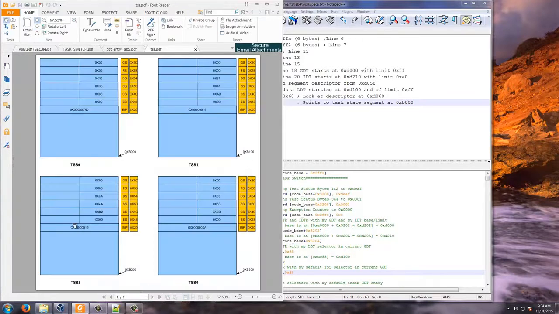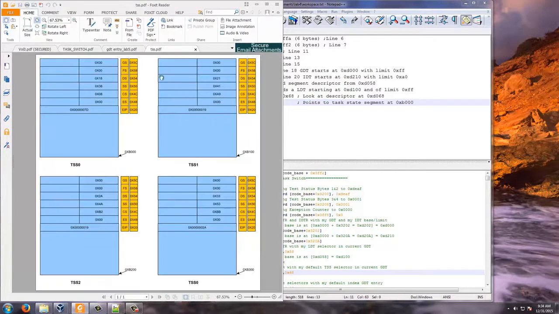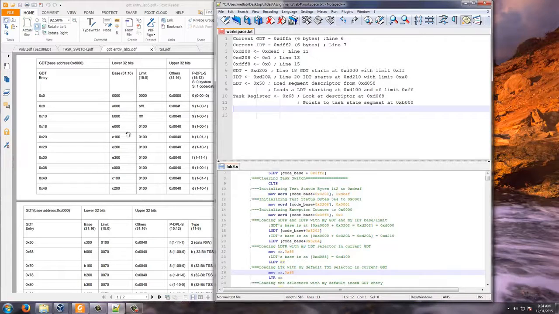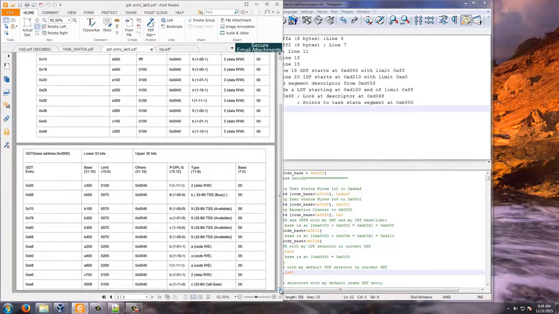So we'll just see here. So this is B1000. So let us go and see what was there in 0x68. The base is B1000, the limit is 70, and it is a 32-bit TSS descriptor.